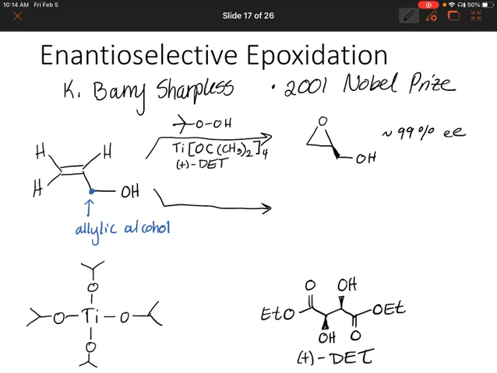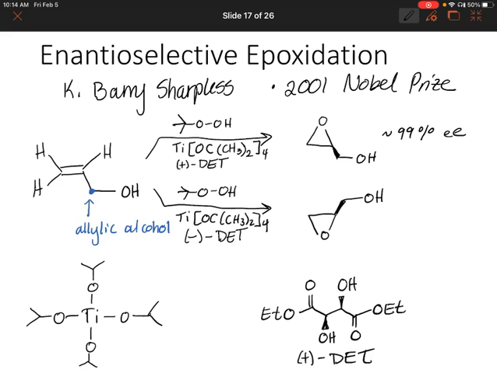So you do still form a little bit of the other enantiomer, but it's so small that it doesn't really matter. And then again, if you wanted the other product where the epoxide forms the other enantiomer here, then you use the same reagents that we used up above, except you use minus DET.